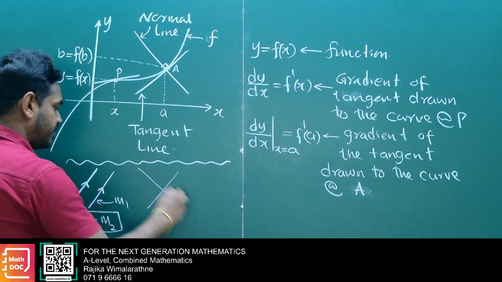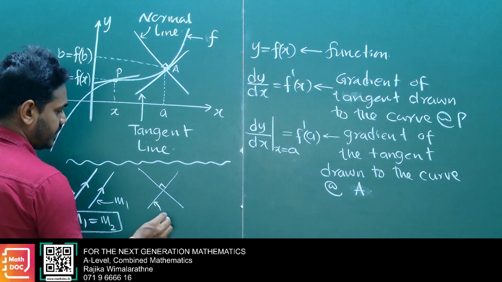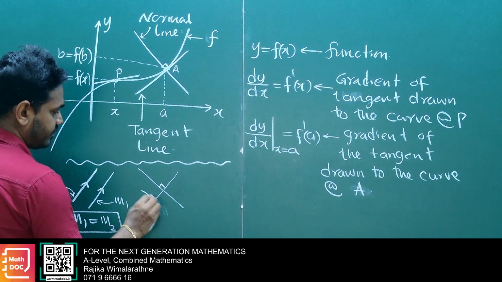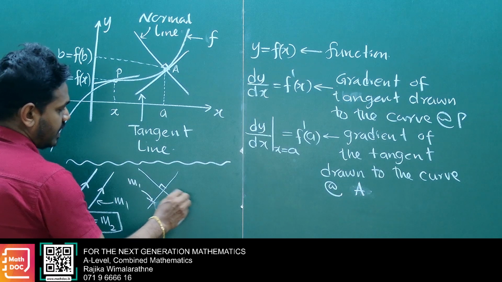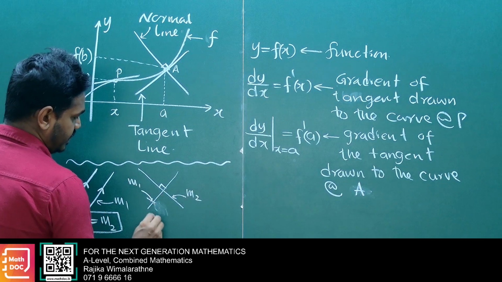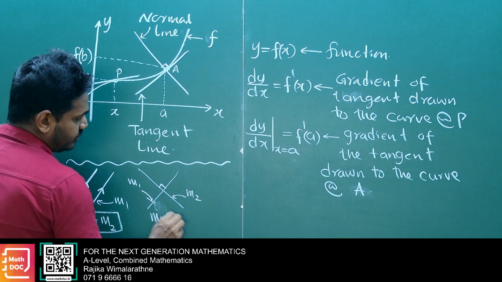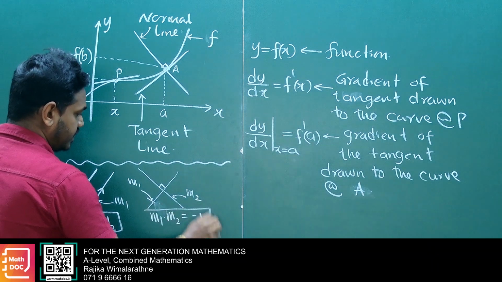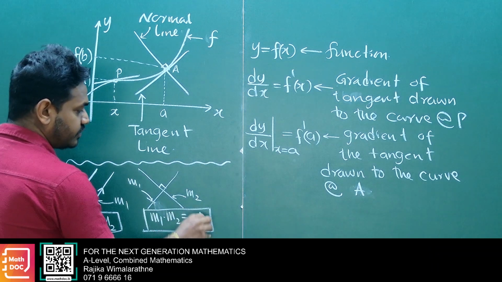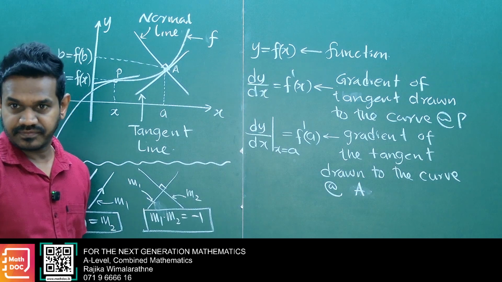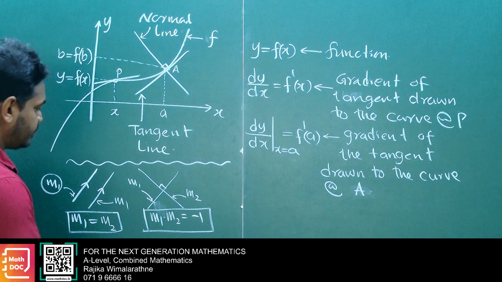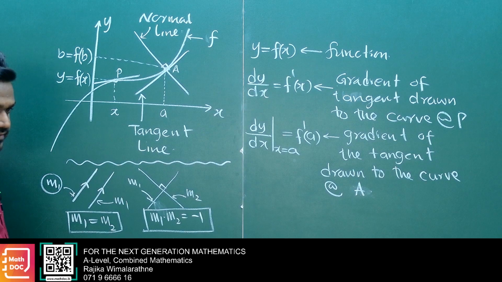When two lines are perpendicular, you remember gradient m1 and gradient m2, m1 times m2 equals minus 1. Gradient product minus 1. When two lines are parallel, gradients are the same.